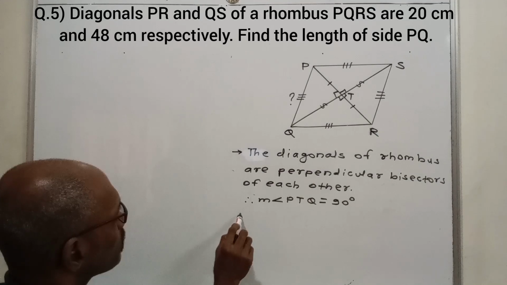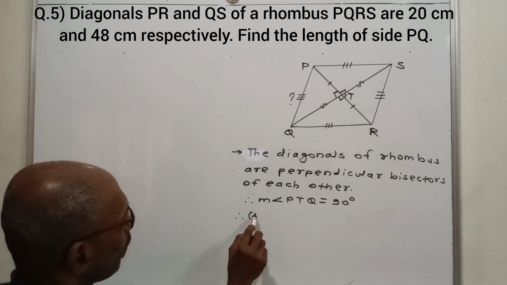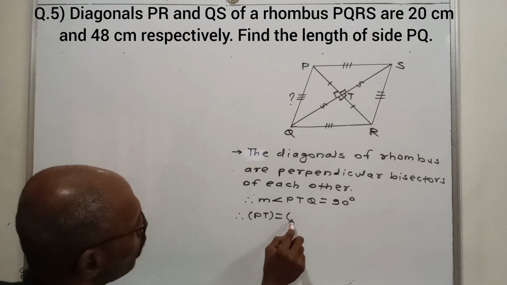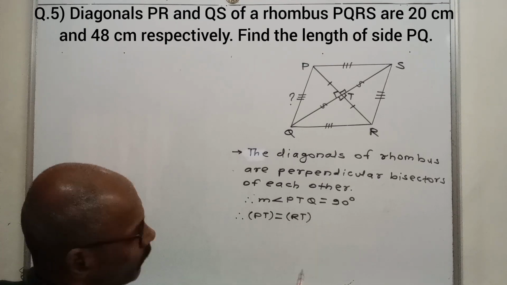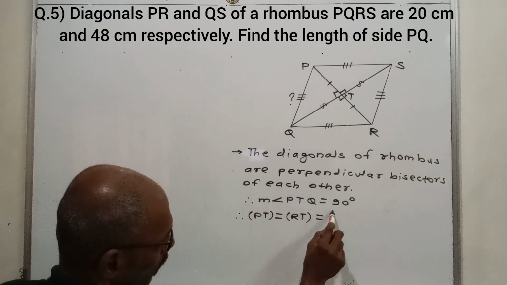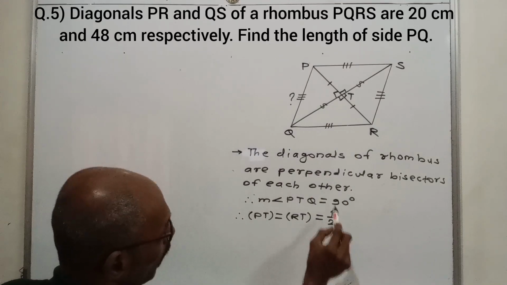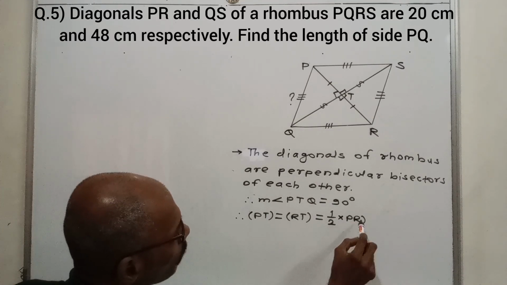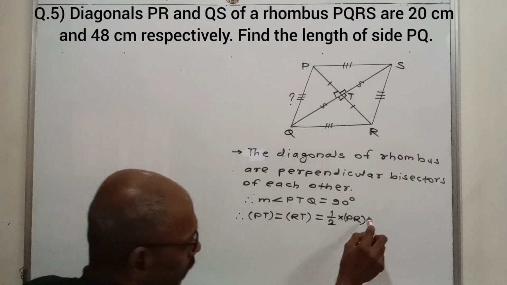Bisect each other means PT is equal to RT, and both are half of PR.